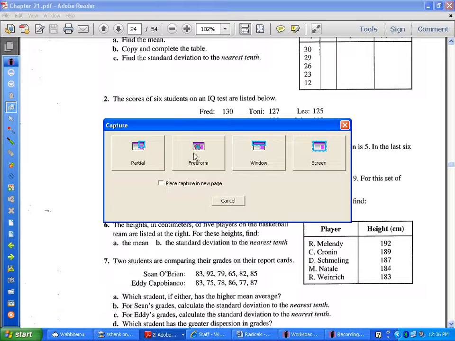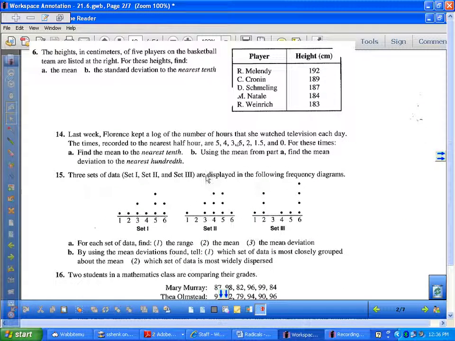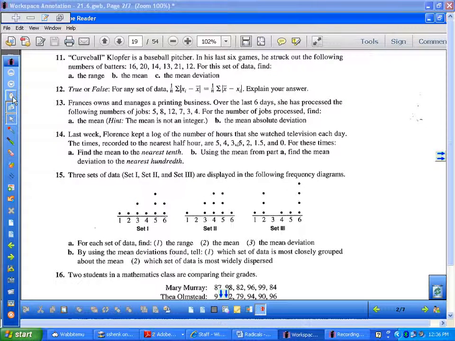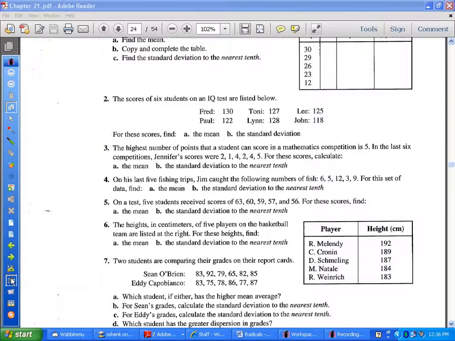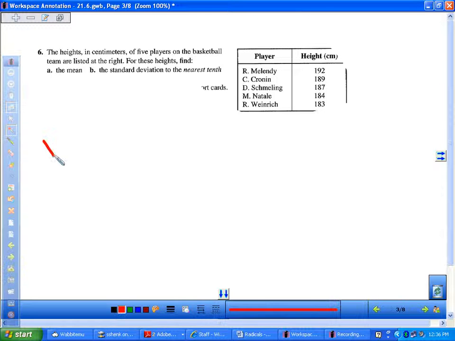So again, first off here, to find the mean, how do you calculate a mean? X bar equals sigma x over n.